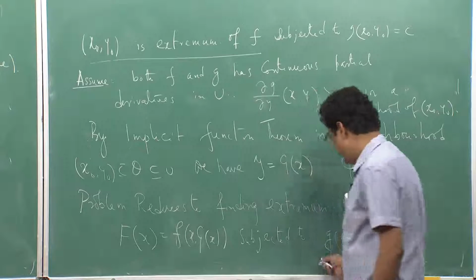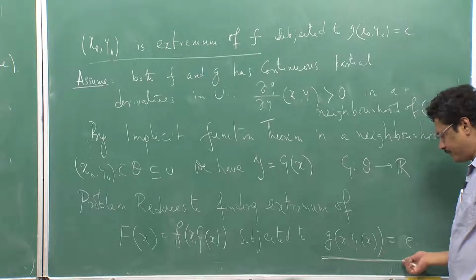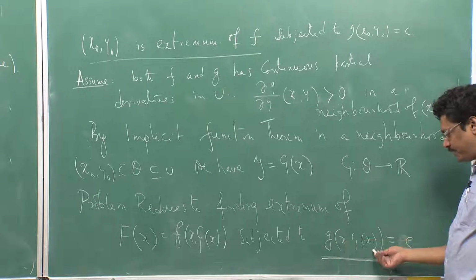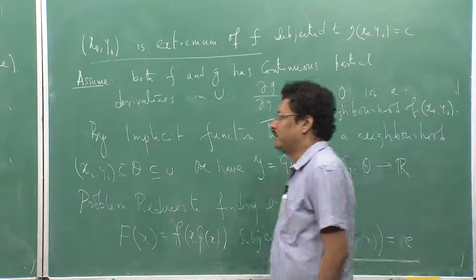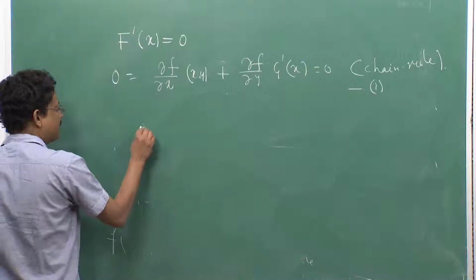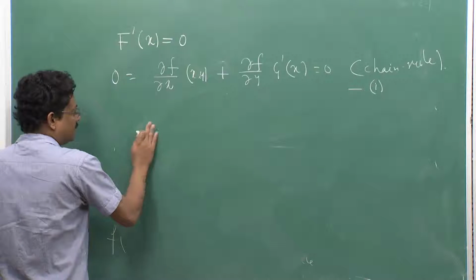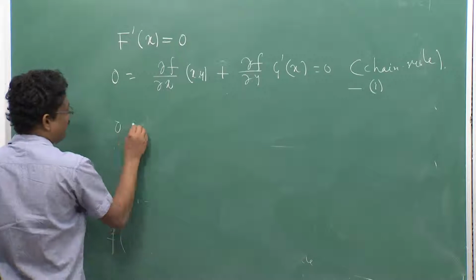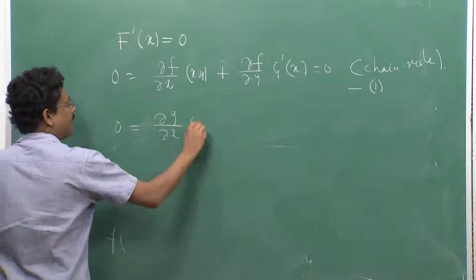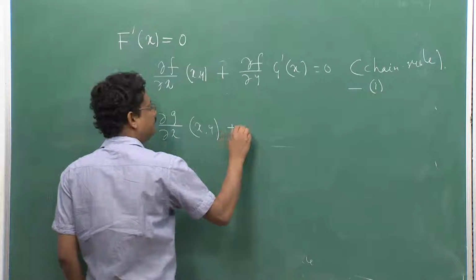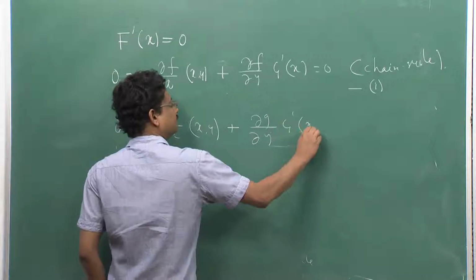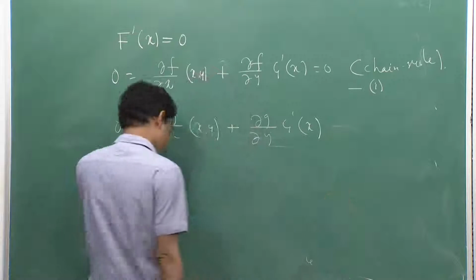I also have that I am on the surface, capital G of x, small g of x equal to c. So, if I take the derivative, the right hand side is constant, so it is 0.